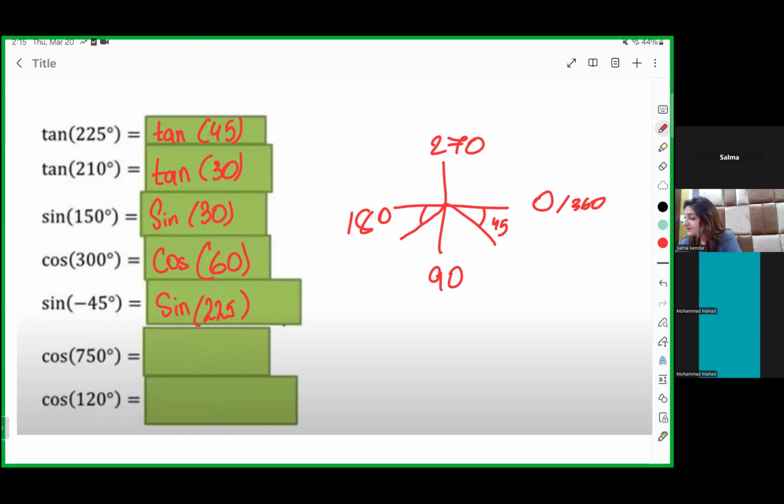And I am at 750. So I'm completing another circle now. When I come up till here, it's 720. I'm looking at 750. It's going to be 30 degrees.